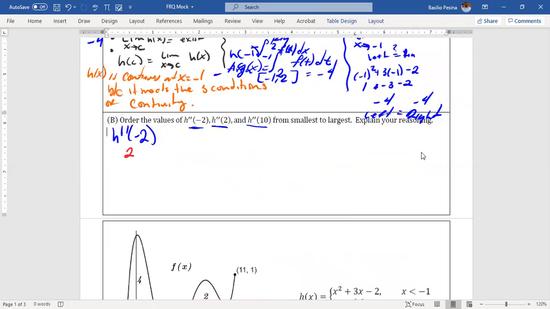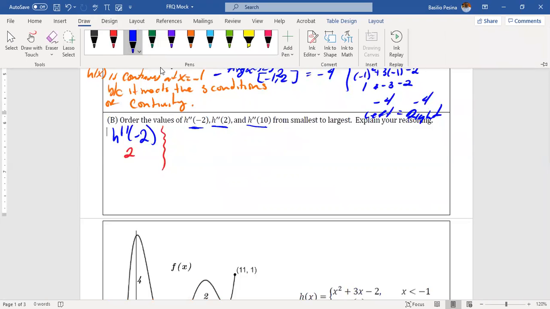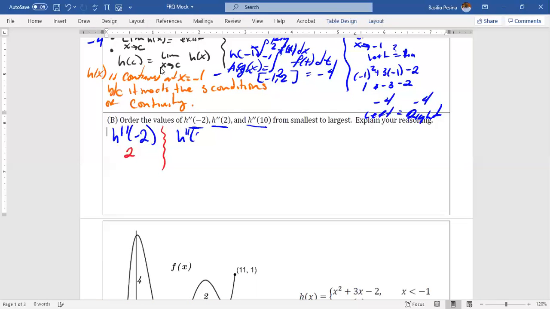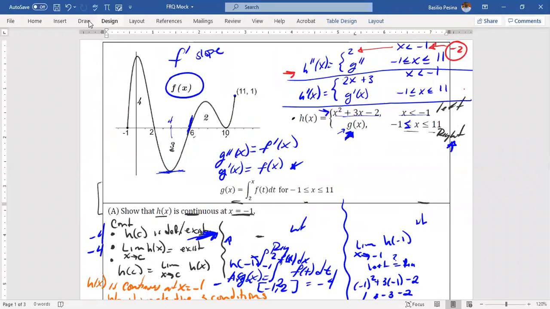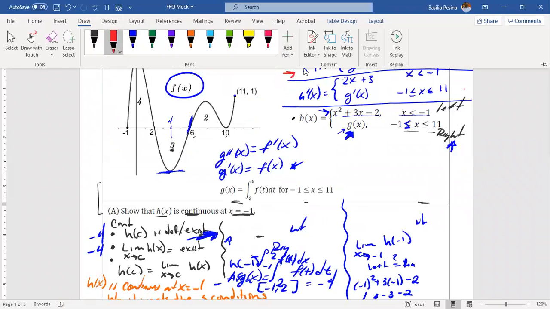But notice how we did have to go ahead and think about what the heck is it really asking. Okay, let's go ahead and check the next one. It says h prime of 2. So I go ahead and check it again. Where is 2 in my intervals?